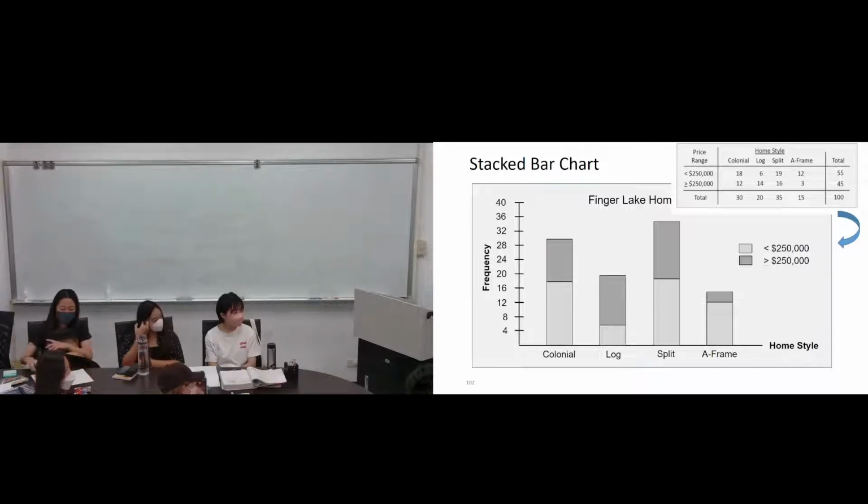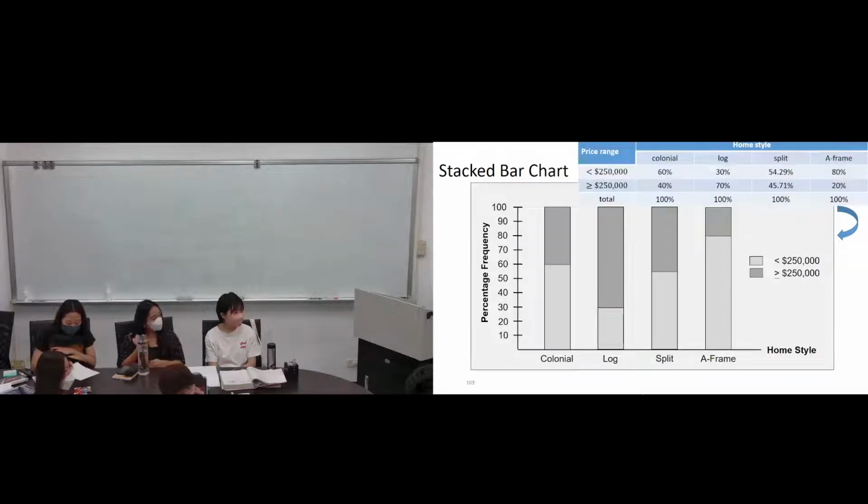After we divide by 20, it becomes 30%, and the remaining 70% are priced above $250,000.